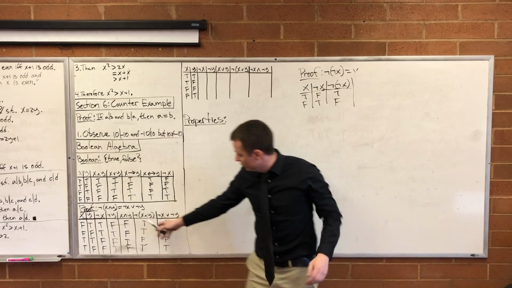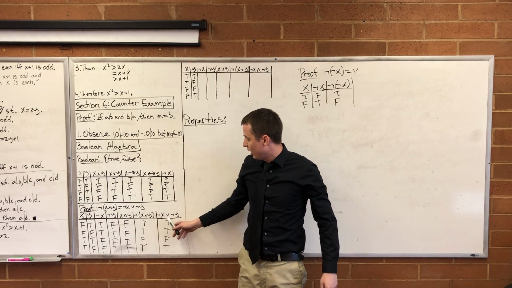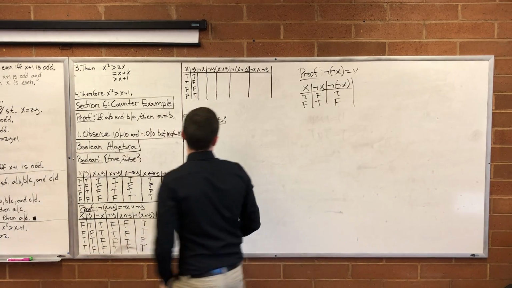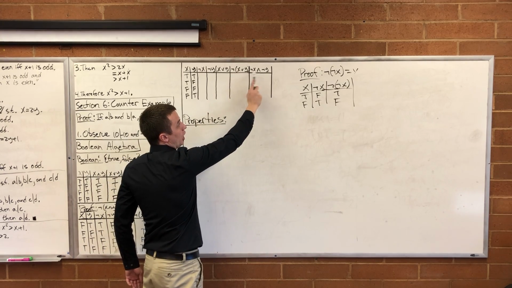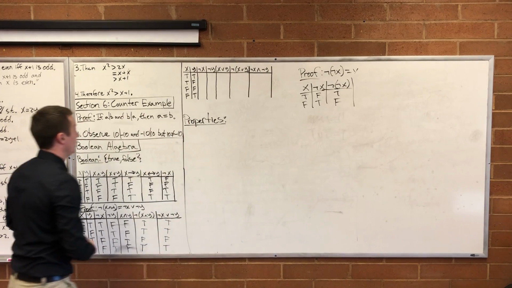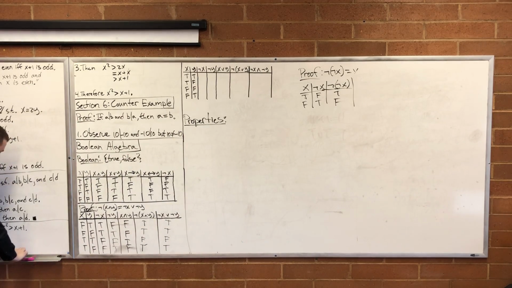When you distribute not over and, it's not or not. Similarly, when you distribute not over or, it's not and not. So let's try and make sense of this. If I say that I am not holding the green or pink marker, then that means I'm not holding either of them.